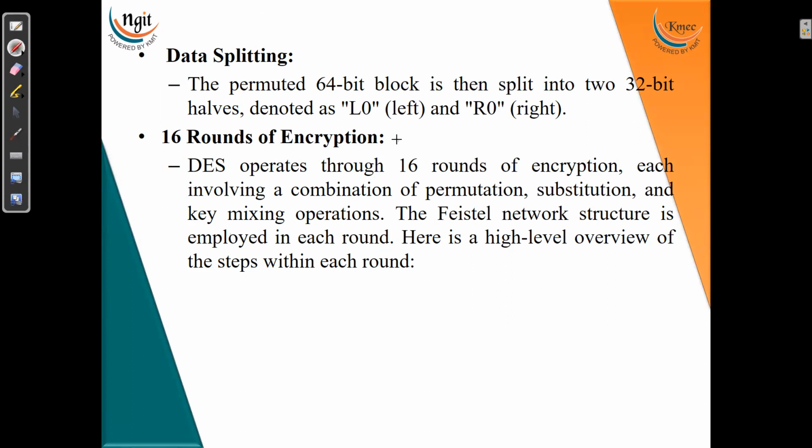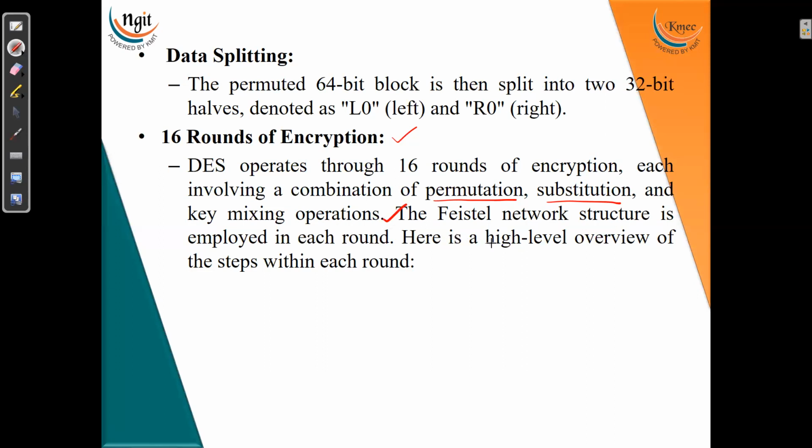Next, we have to perform 16 rounds of encryption. This algorithm operates through 16 rounds of encryption, and each round involves a combination of permutation as well as substitution. Then we have the key mixing operations.